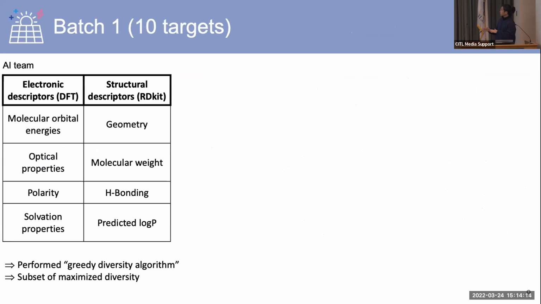Based on this molecular library, DFT and RDKit simulations were done to produce descriptors, and based on these descriptors, all the molecules in the library were placed into the diversity algorithm, and the AI team picked a batch of 10 molecules that maximized diversity.